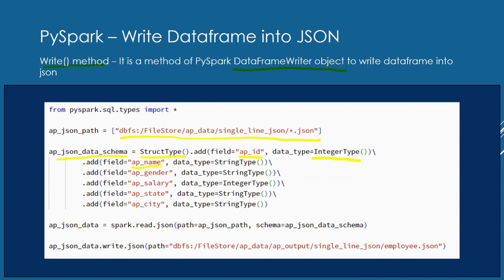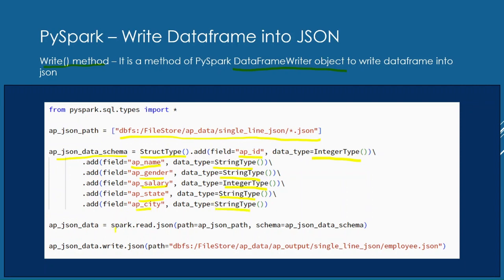AP name, data type is string type. AP gender, string type. AP salary, integer type. AP state, string type, and AP city, string type.